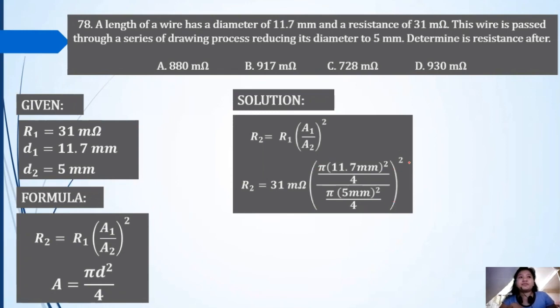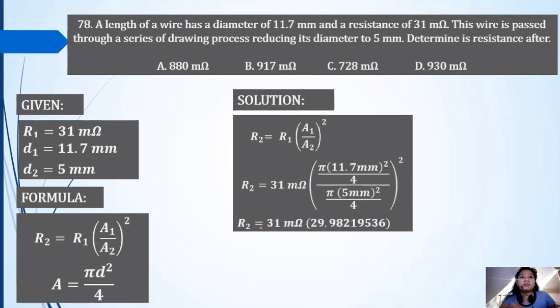To solve this using our calculator, in this area we will be having the answer of 29.98219536. And then we will multiply it by 31.